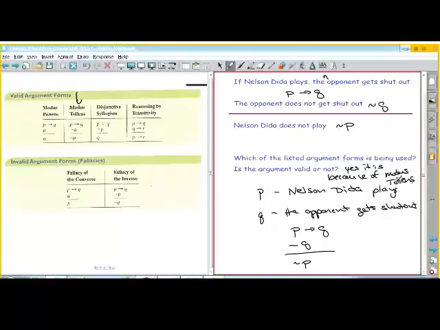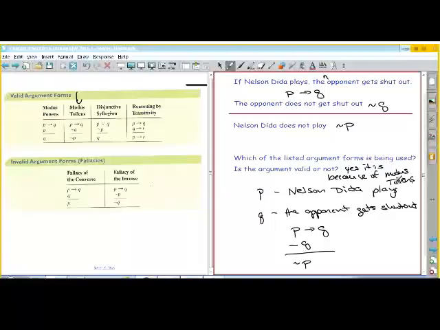So this is a kind of inclusive statement of everything. This guy plays and the opponent gets shut out. I guess what it would say is, I'm trying to think of the right way to do that. You can think of cases where this actually is not true, but the argument as presented, I'm confusing myself there.